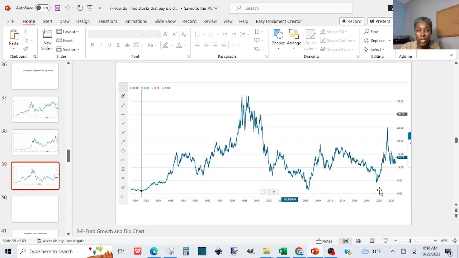During those recessions, there is a chance that that company's stocks will go down. And if you want to sell stocks, you should not sell around that time. I don't know if it makes sense. So Ford pays a high dividend, but that's something to keep in mind if you choose to invest in a stock like that.